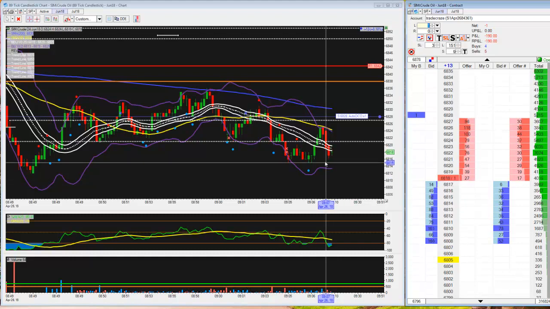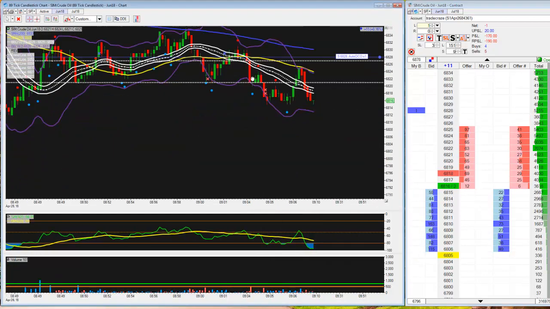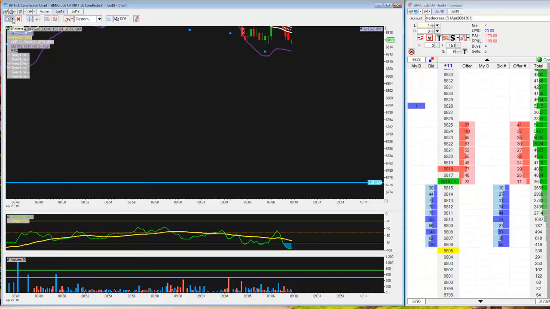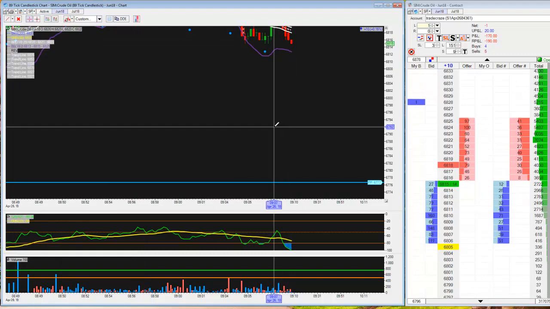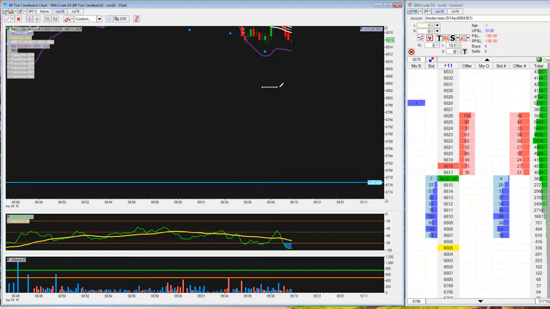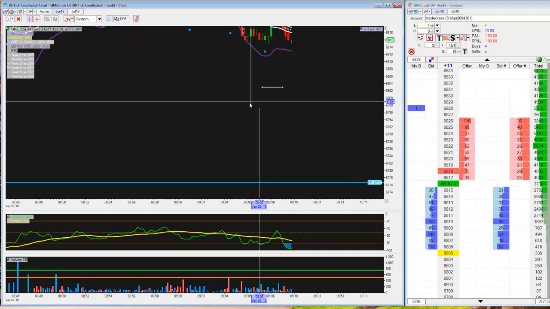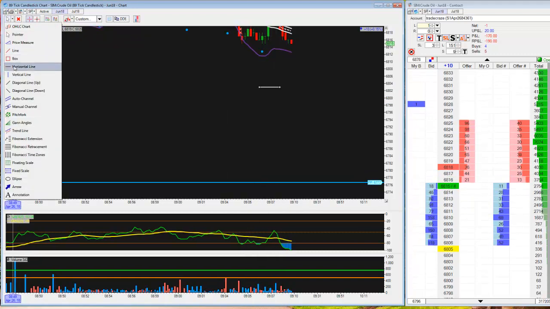Next down target from an original entry short with 68.68 is 68.03. Underneath 68.03 is 67.82.